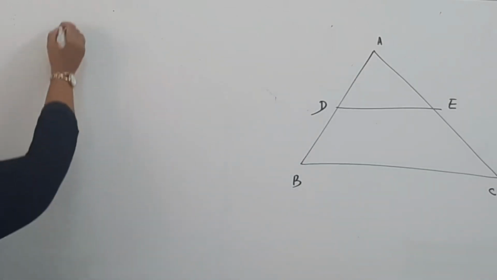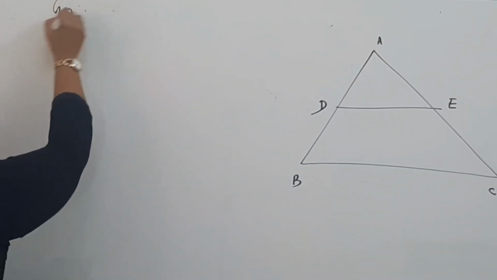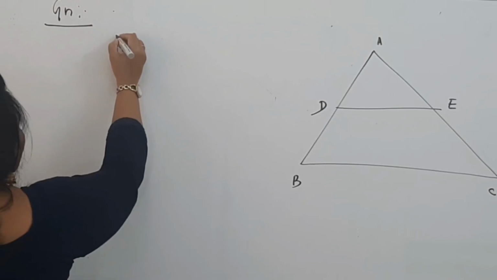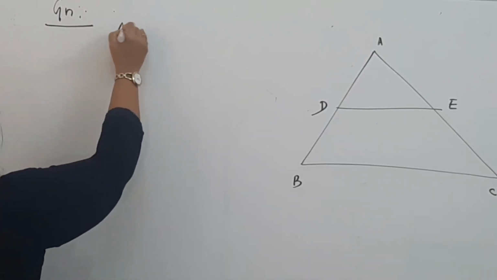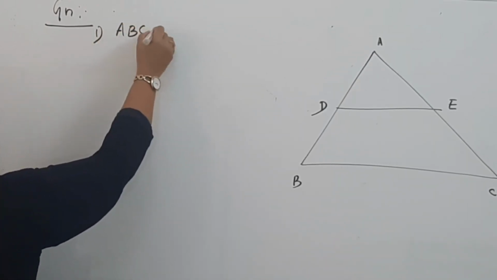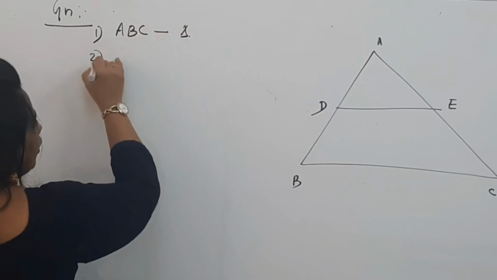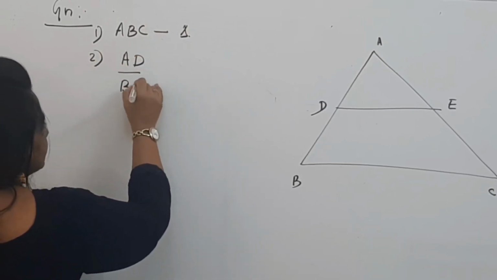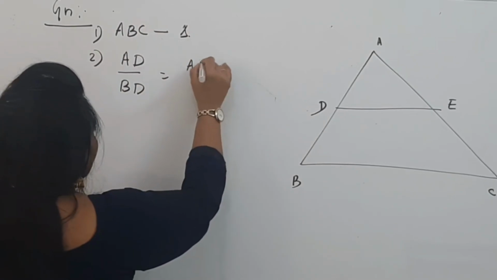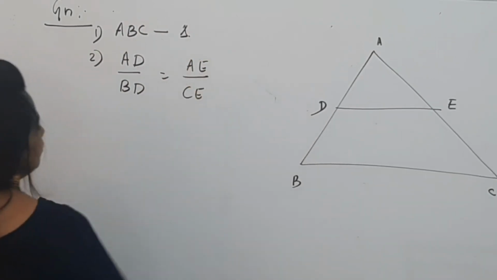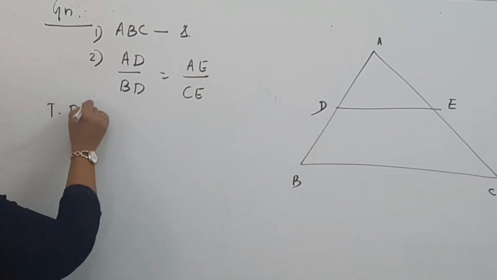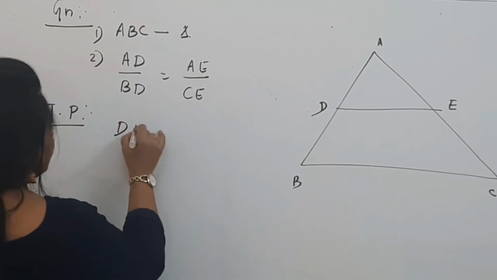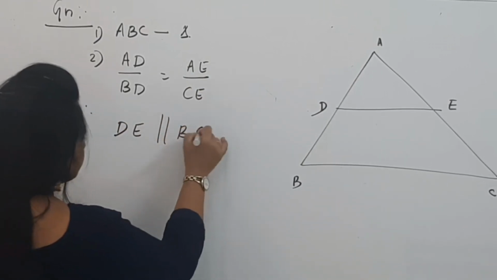So let me write what is given. Given: in triangle ABC, ABC is a triangle. And second point, AD by BD is equal to AE by EC. That is what is given. What I have to prove? To prove: DE parallel to BC.